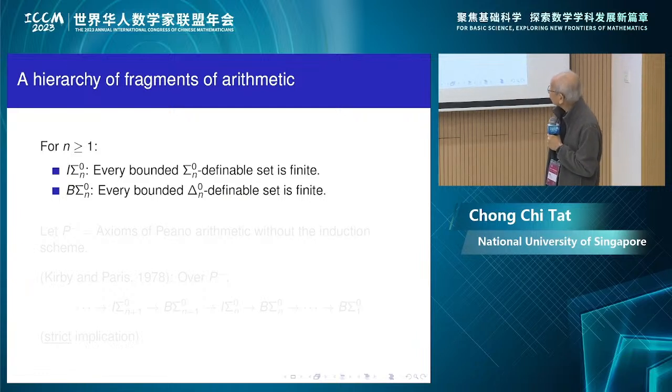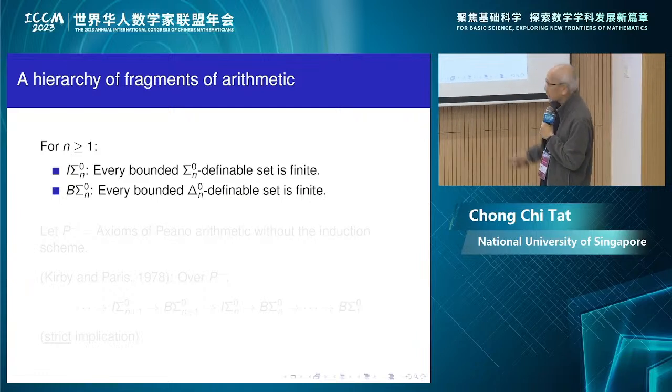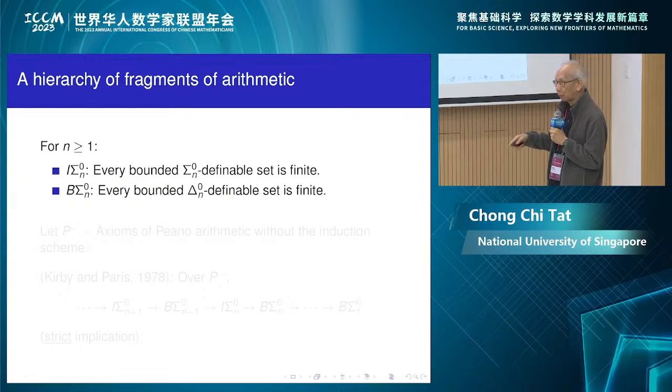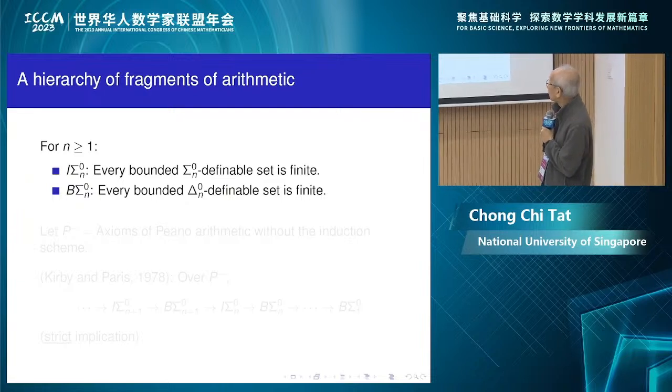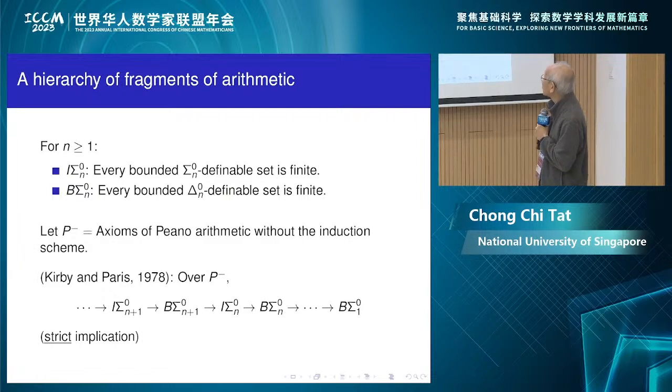Again, this is trivially true for the normal natural numbers, but if we look at models of Peano arithmetic or fragments of Peano arithmetic, it becomes a highly non-trivial notion. Okay, P minus, as I said earlier, refers to the part of Peano arithmetic without mathematical induction, right?